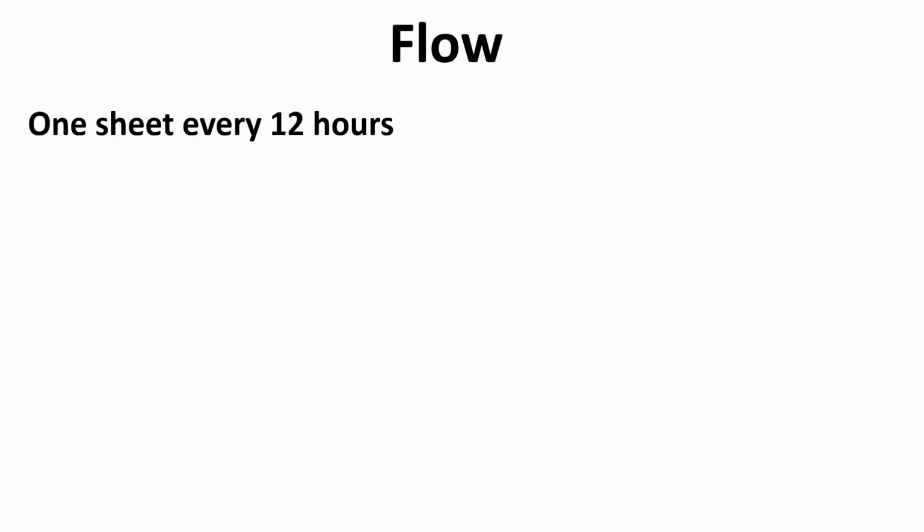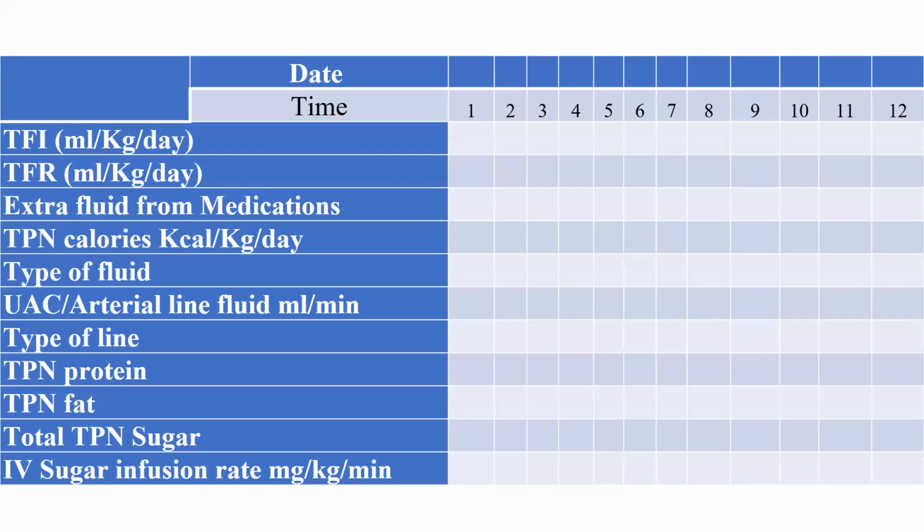Now remember, when we do the flow, it should be within 24 hours, or 12 hours or 8 hours, depending on the shift. And again, it's exactly like what they have, a sheet for the cardiovascular, we have a sheet for the GI. So we state how much TFI, ml per kg per day, the order today, and the TFR, what the baby actually received yesterday.